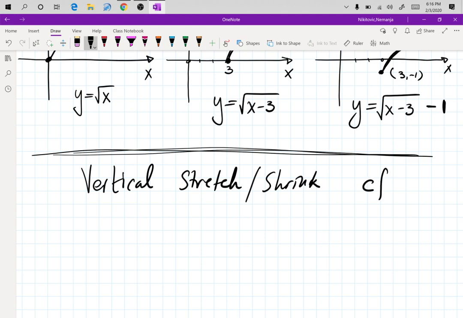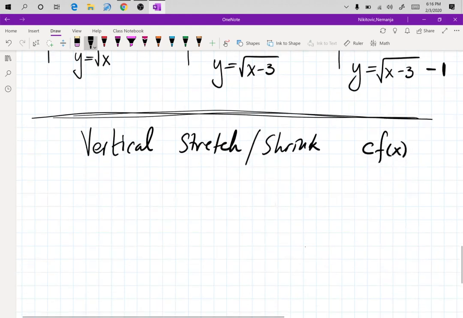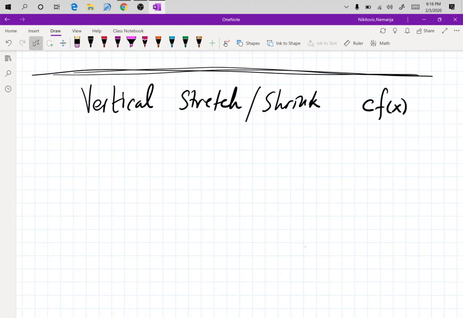So c times f of x. Now this one is kind of hard to spot. I mean, if you graph a couple of these functions together, it does show. Generally what we do is we use trigonometric functions to show it off.